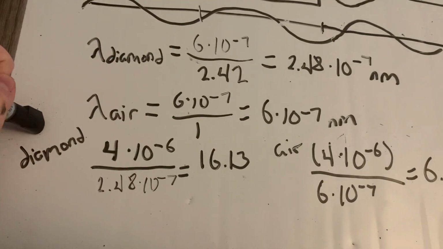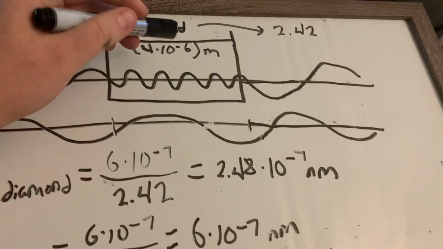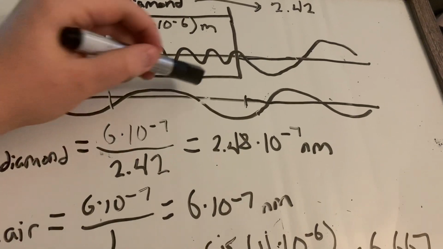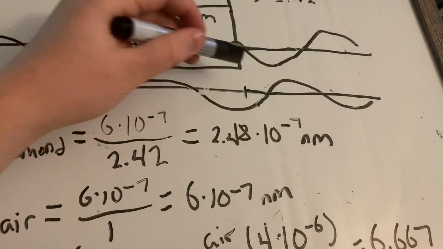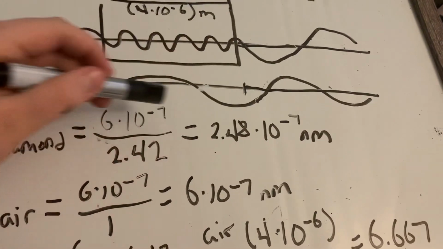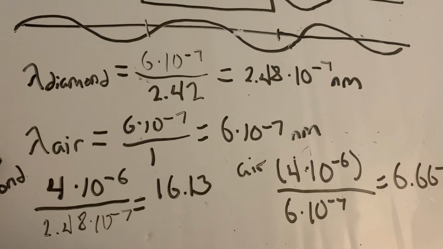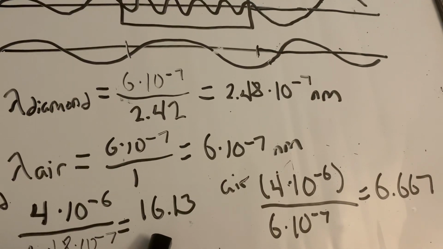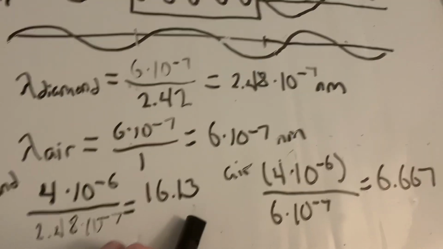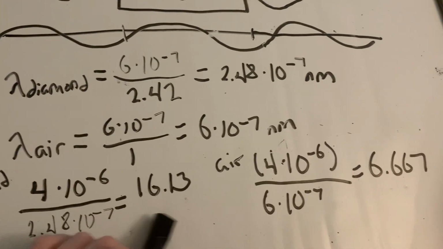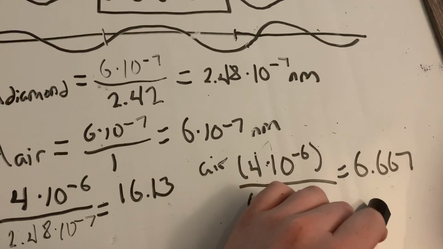And for this one, we just take the distance of this block of material, and then relatively this section of air. And we found that it's going to have 16.13 wavelengths through this material. And for air, we found 6.667.